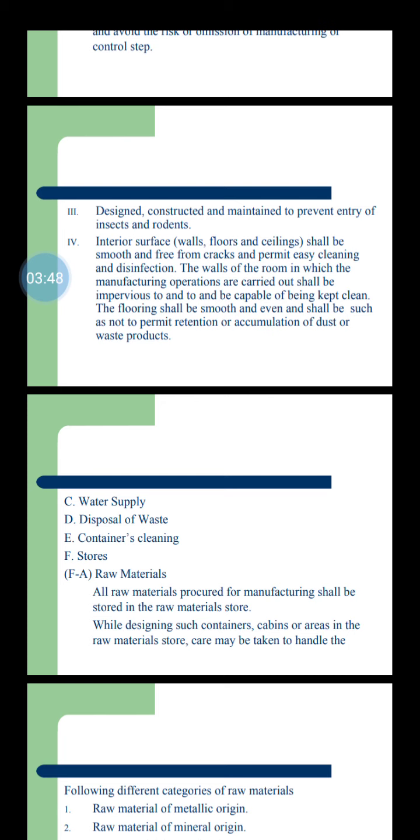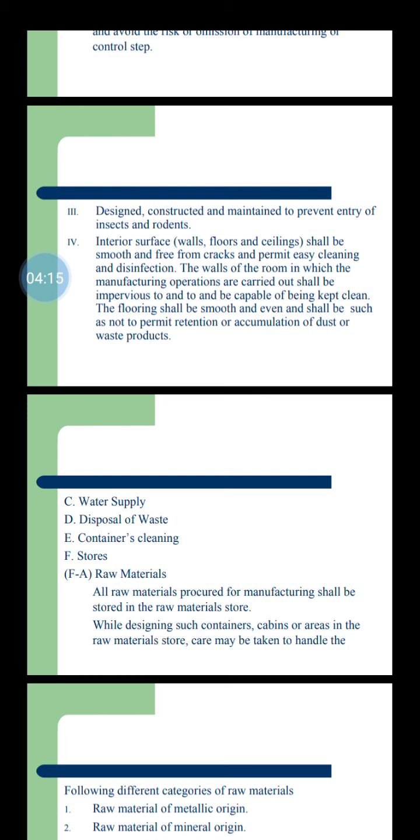Then fourth, interior surfaces, walls, floors and ceilings shall be smooth, free from cracks, and permit easy cleaning and disinfection. The walls of the rooms in which manufacturing operations are carried out shall be impervious and capable of being kept clean.